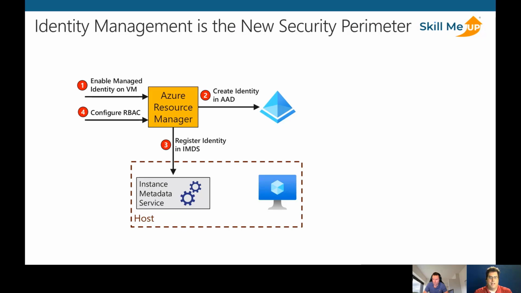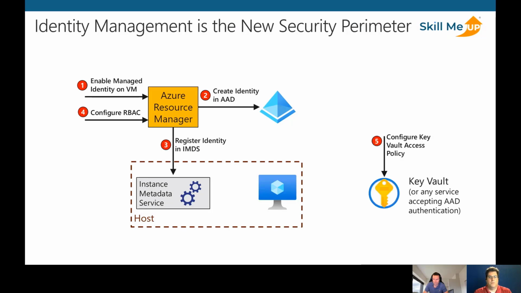Now that we have the managed identity set up, that service principal has the information to grant access to that virtual machine, to that Azure resource. The Azure Resource Manager is now using role-based access control in Azure Active Directory to assign the appropriate role to that service principal based on how that's configured, whether it's an owner role, a contributor role, or just a viewer type role.